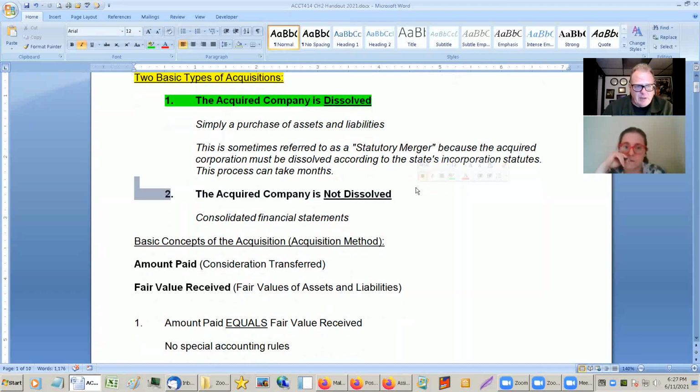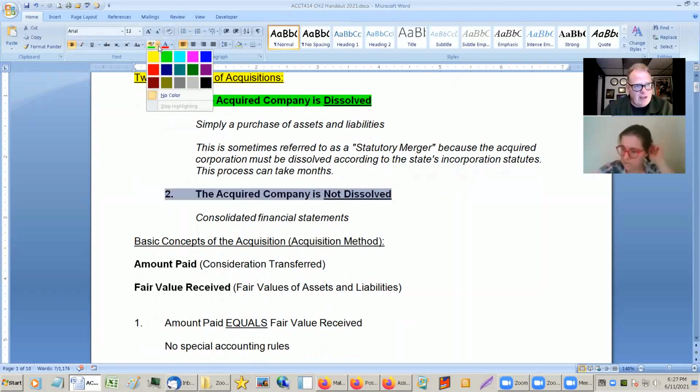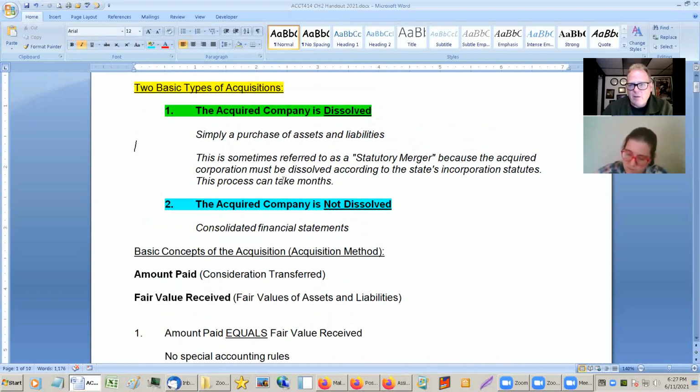The second type is the one that we're going to spend a lot more time on, and that is when it's not dissolved. So they buy a company, but they let it operate as a separate company. It might be that they have a good name, or a number of other reasons.